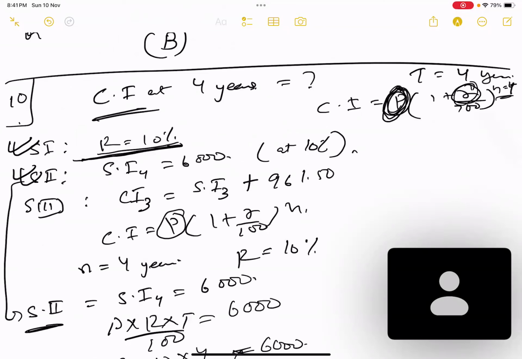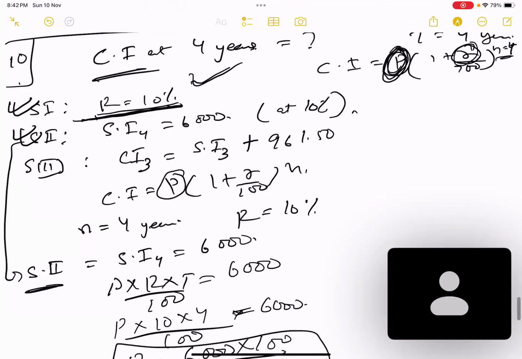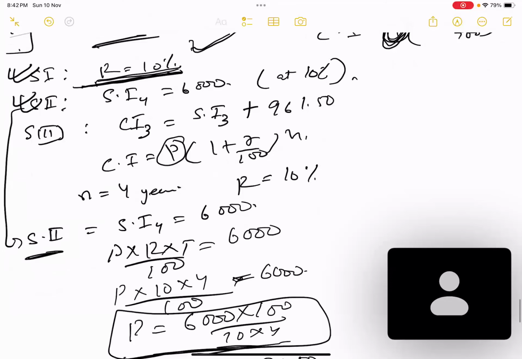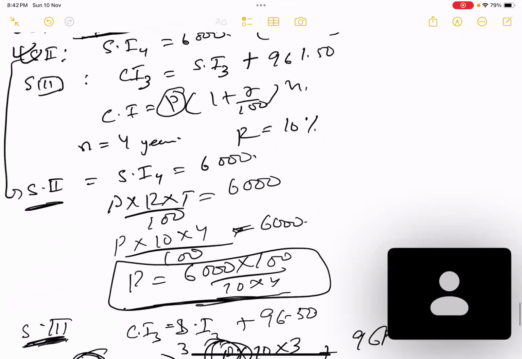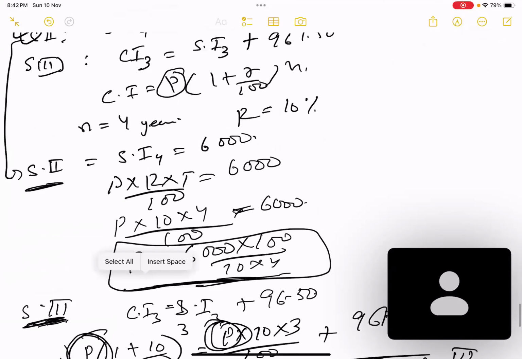The rate of interest, we'll take it from statement 1. So statement 1 is a compulsory statement that we have to take because it's the only one where it mentions the rate of interest. In statement 2, if we use this rate of interest and time of 4 years, we find out the value of principal. Here, in statement 3, if we use the rate of interest and time, we find the principal.